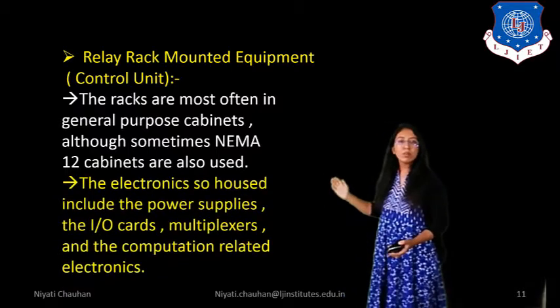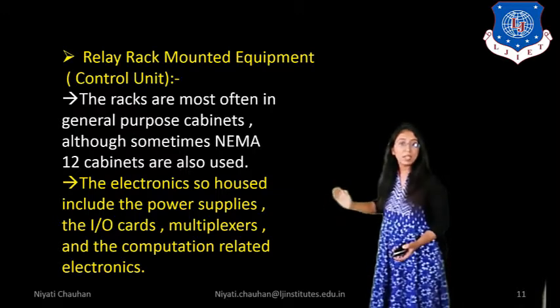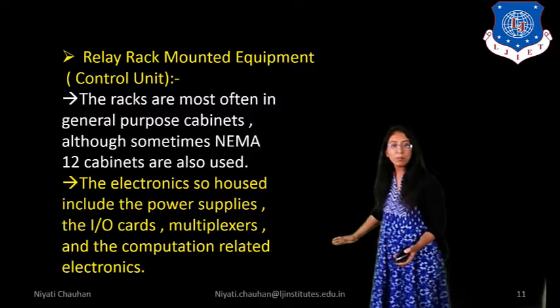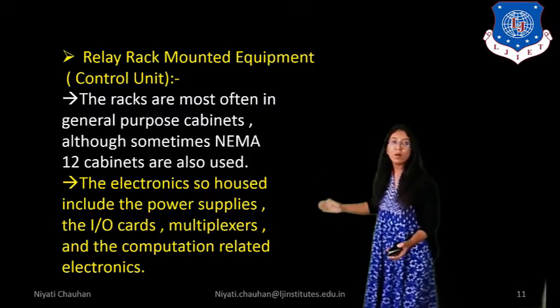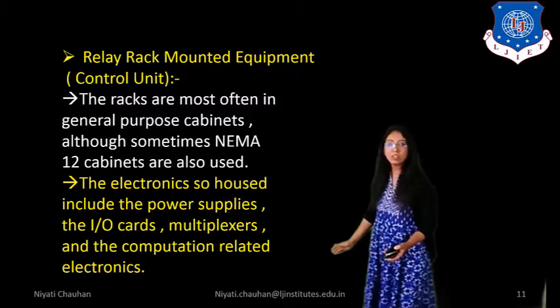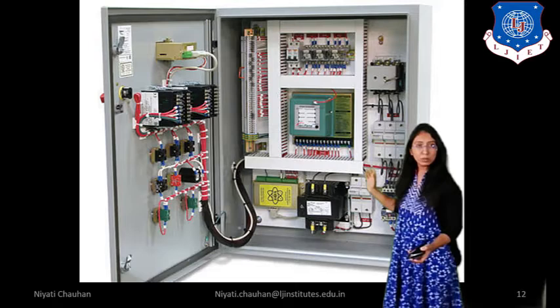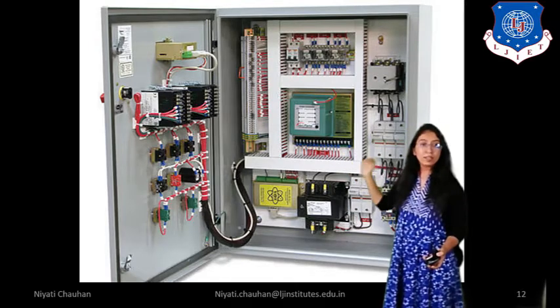The electronics so housed include the power supplies, the input-output cards, multiplexer, and the computation-related electronics, all mounted on relay rack mounted equipment. So this type of control unit we use as relay rack mounted equipment.